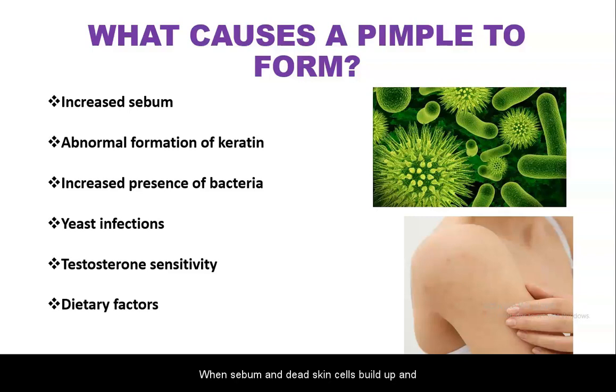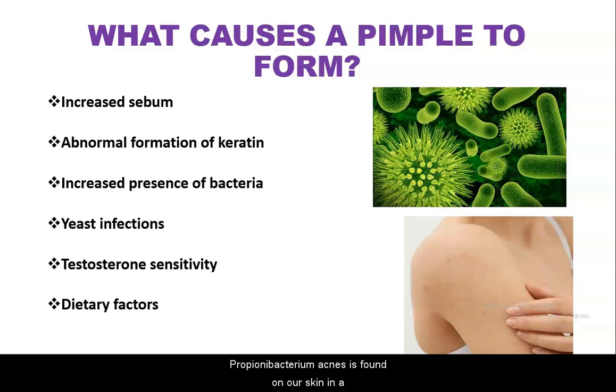When sebum and dead skin cells build up and plug a pore, it supports the growth of bacteria that cause these pimples, such as P. acnes, that's Propionibacterium acnes, which is a slow-growing bacterium linked to what we are discussing.